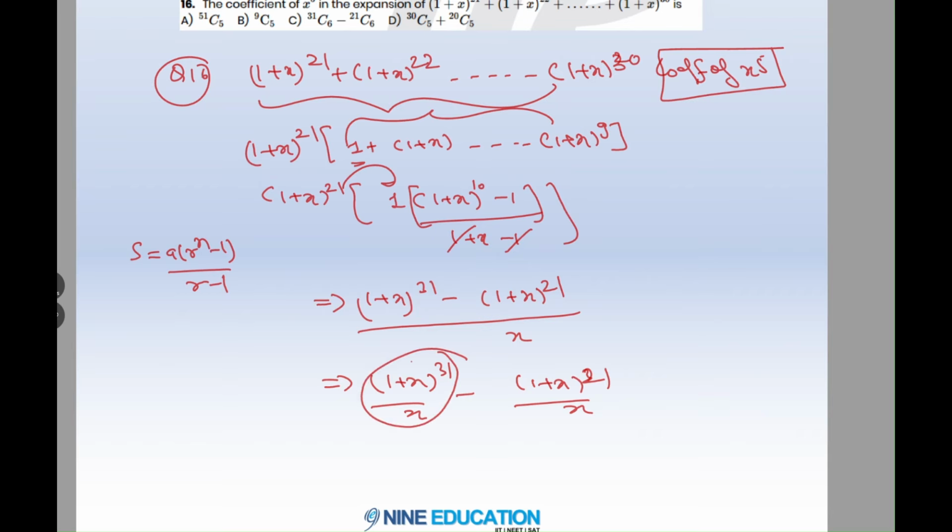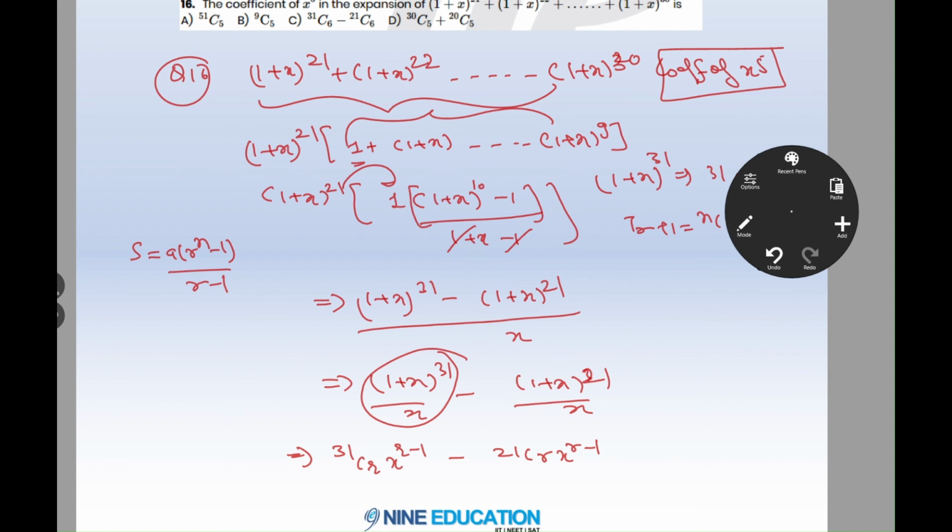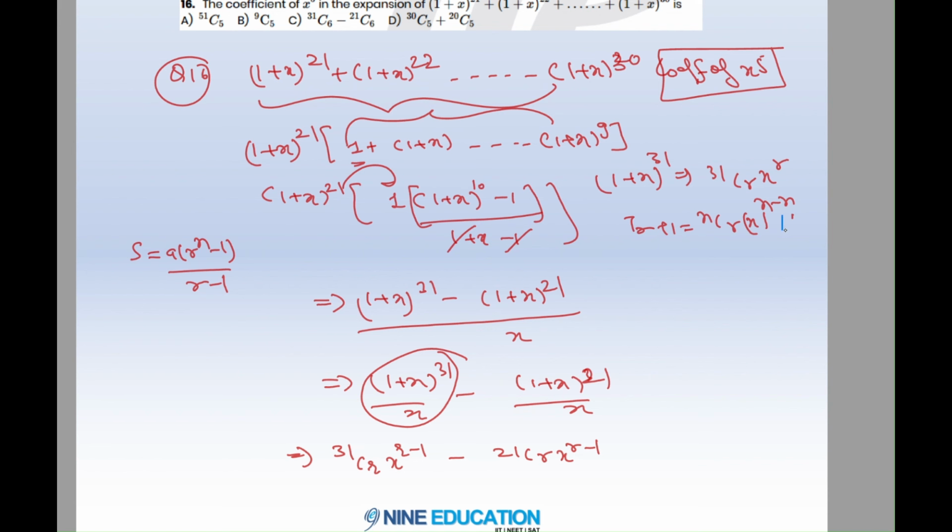Now the general term for this particular expression is 31CR x power (r minus 1) minus 21CR x power (r minus 1). See, (1 plus x) power 31 has general term 31CR x power r. T of r plus 1 is equal to nCr x power (n minus r) into y power r.